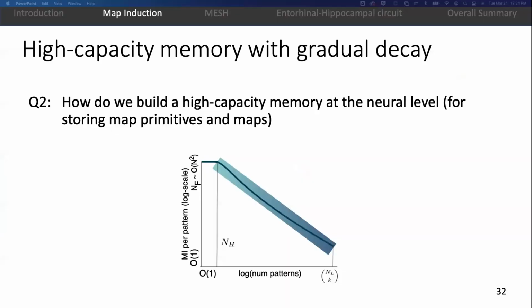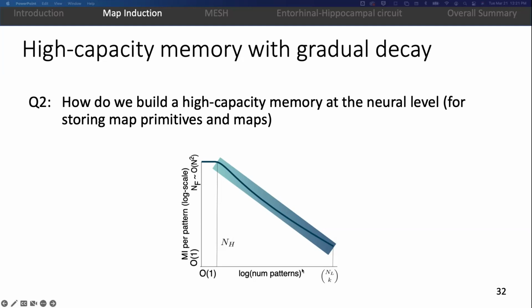For this, the main question that we're posing is, how can we build a high capacity memory system at the neural level, which also exhibits gradual decay? Because as we are storing more and more memories, there's an upper limit to the capacity of any network. Instead of just forgetting previous memories and remembering the new ones, what we would like is a gradual decay of the memories as you increase the number of memories that you're storing.